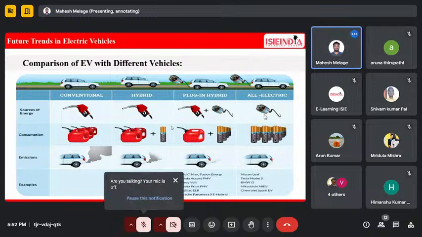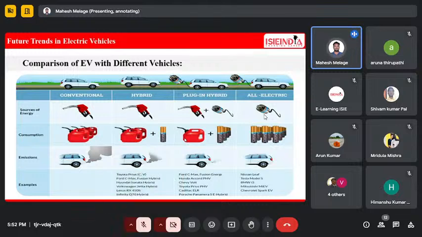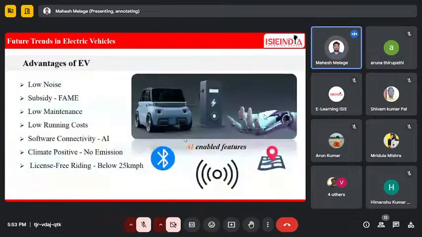We use only a battery, not any IC engine or combustion engine. The battery is charged only by a charger, not by any IC engine. It is called all electric.